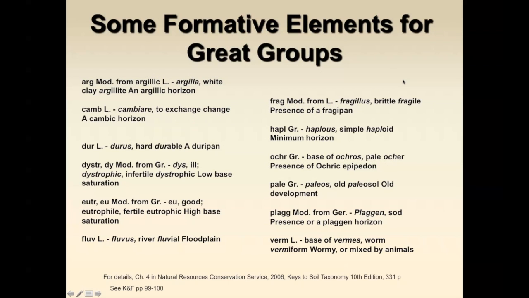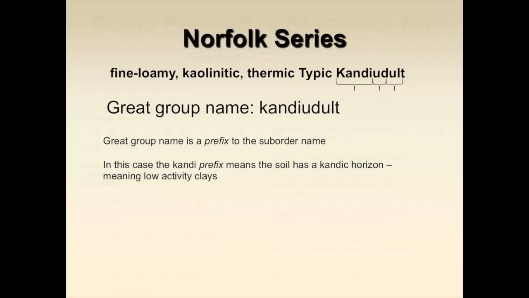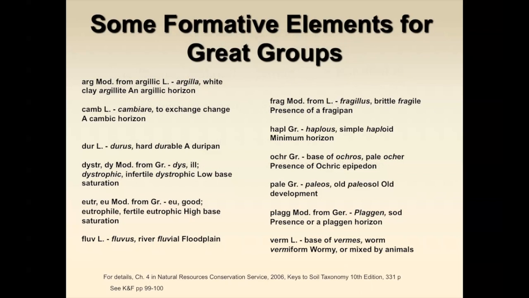Some formative elements for great groups now. These are descriptions now of the suborders or prefixes. Argillic would be a white clay, so you might have an argillic horizon, a cambic horizon, a durus or durable horizon, a duripan, which might be a hard pan.